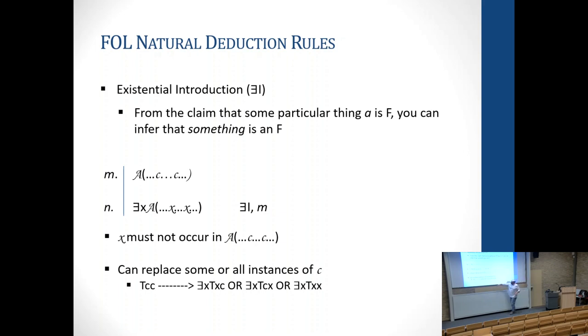Once to give you, say, this sentence, and then once more to give you there's a Y and there's an X such that TYX. The only restriction is that the variable you use can't already be in the sentence. And again, that's just to make sure that we don't have a clash of variables.